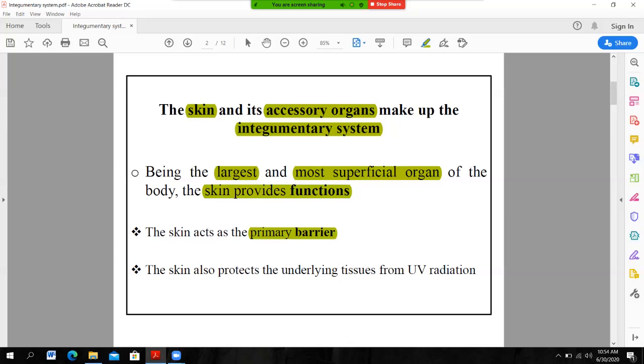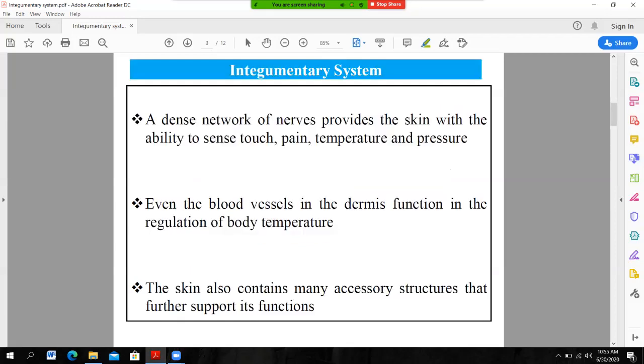The pathogen may be either a virus, bacteria, or fungus. The skin also protects the underlying tissue from UV radiation because the skin contains melanin, and melanin has the function to absorb these UV radiations.